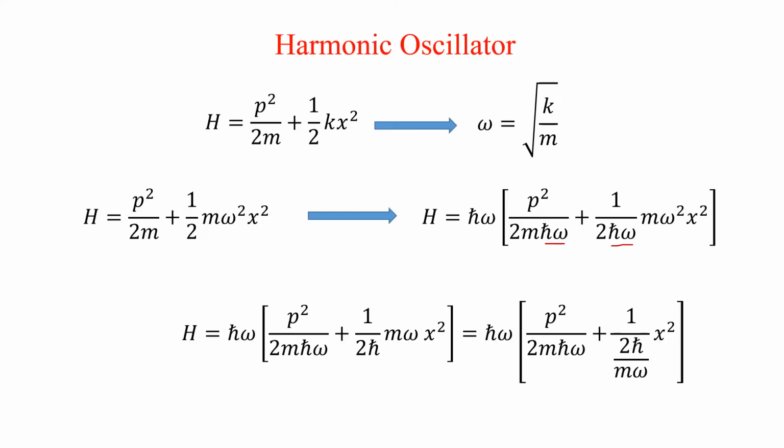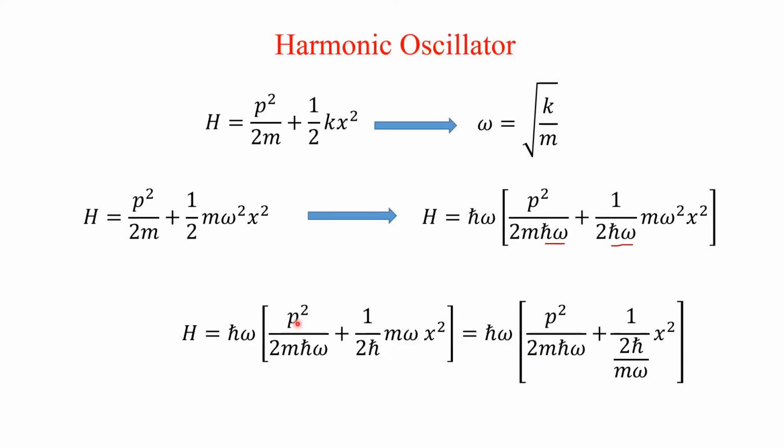It is very interesting to note that just because I am dividing the first and second term by h cross omega, you can see here the omega and omega squared will get cancelled. So you will get m omega x squared, and we are going to rearrange this.